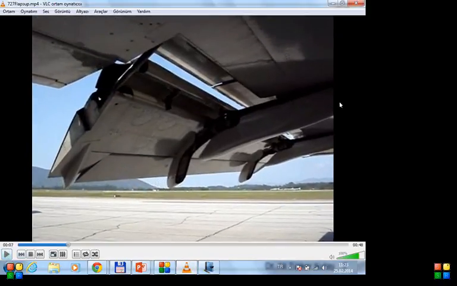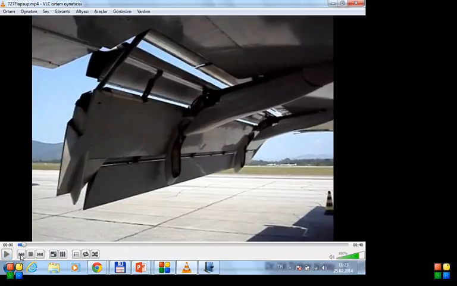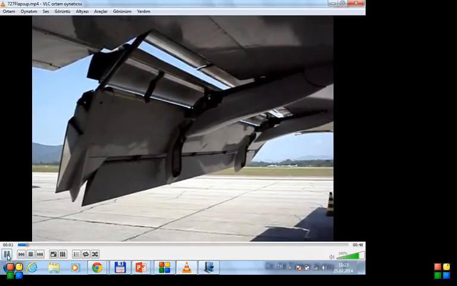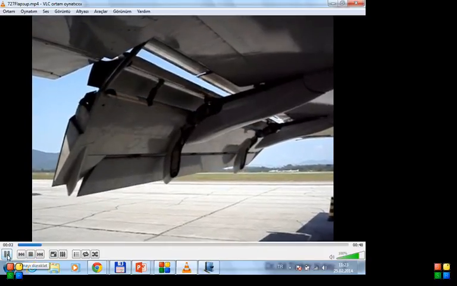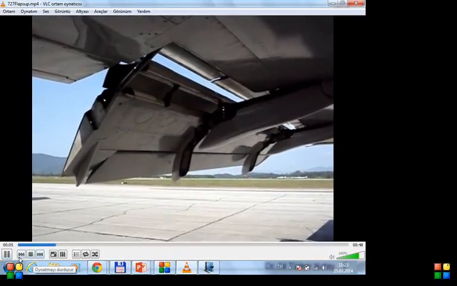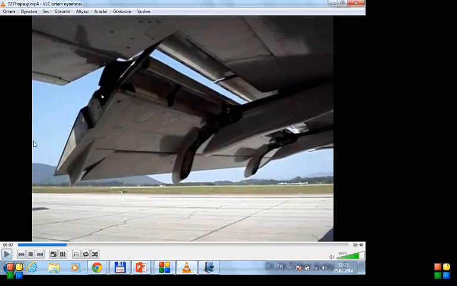So this is a Boeing 727 aircraft. The flap operation is shown on the ground. If you notice, the flap operation is slow, and the reason for that is this is not really used to control the motion of the aircraft. This is only used to increase the lift force as the speed of the aircraft goes down.